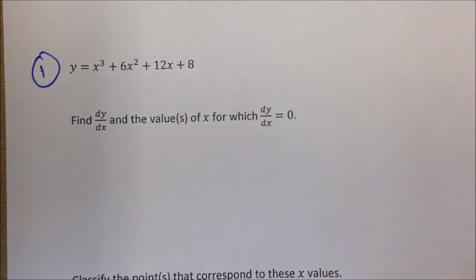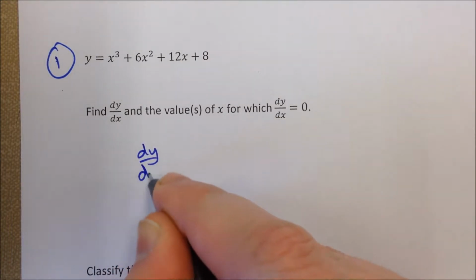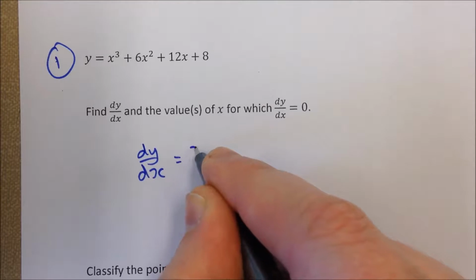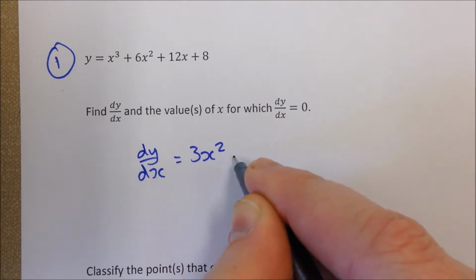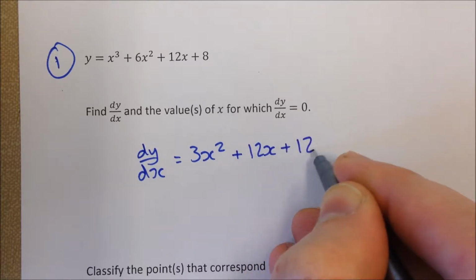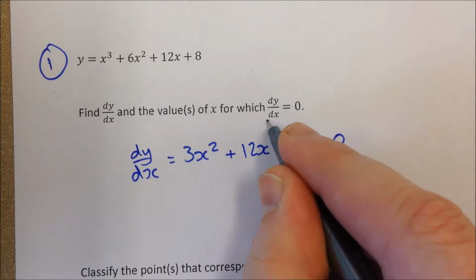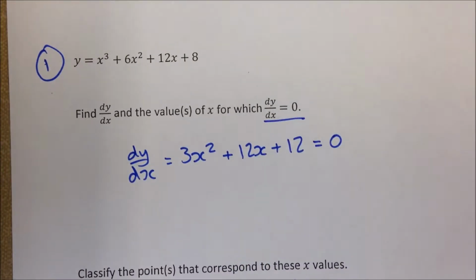Question 1. First of all, differentiate. And now set that equal to 0, as it says here, dy/dx equals 0.